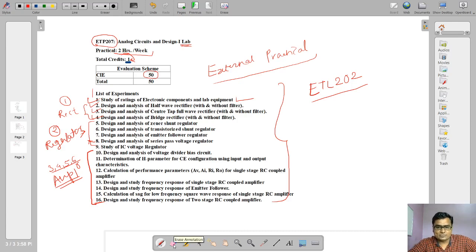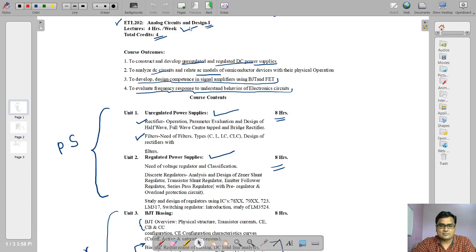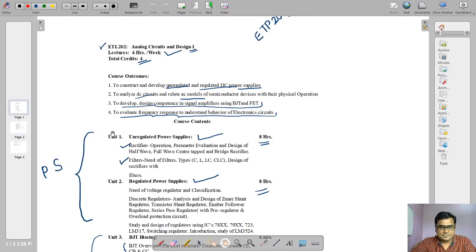ETP 207. Right? Now, as we are done with your subject, we have to start the actual subject. Let us start with your actual syllabus. The actual syllabus will include the first chapter, unregulated power supply.